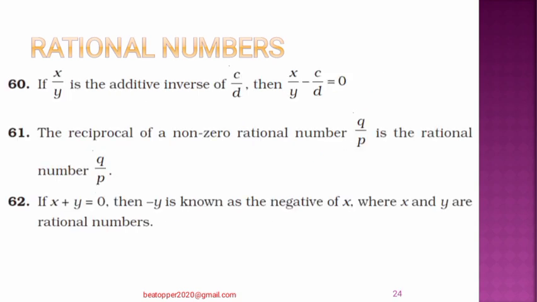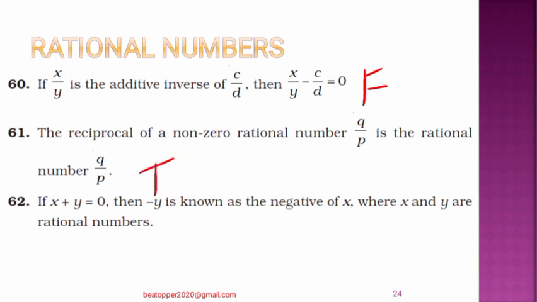If x by y is the additive inverse of c by d, then x by y minus c by d is equal to 0. It's false. It is already said that x by y plus c by d is equal to 0 if one number is the additive inverse of the other. The reciprocal of a non-zero rational number p by q is the rational number q by p.